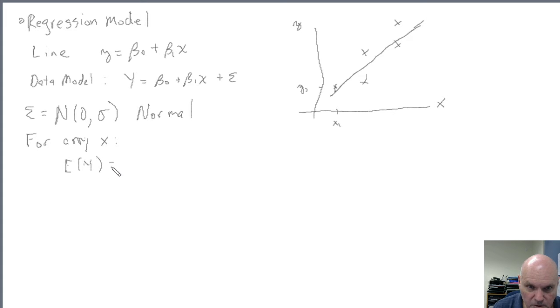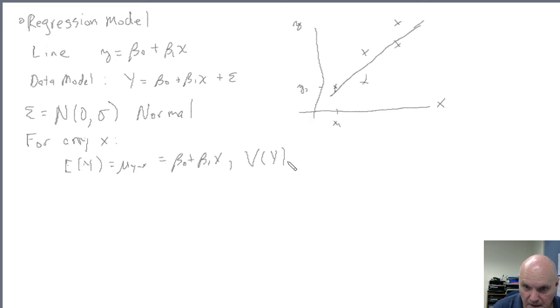We can compute the expected value of y. The expected value of epsilon is 0, so the expected value of y, which in your book I think you denote as mu of y given x, is equal to beta 0 plus beta 1 times that x. So the expected value of y actually depends on the particular x value that we're evaluating it at.